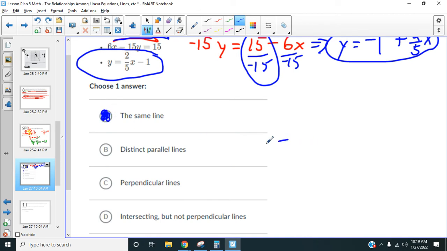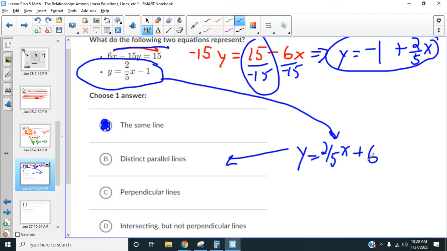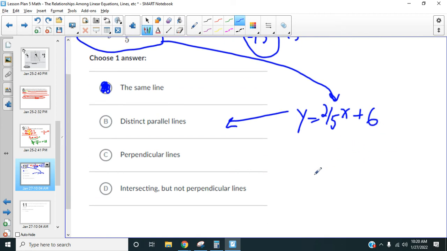Now I want to go through this. What would make them parallel? Well, a parallel version to this blue one would be the same slope, but then any other number, right? That would be a parallel line to that. What would make them perpendicular?